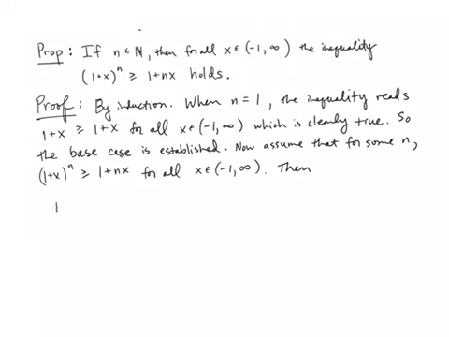Then (1 plus x) to the n plus 1 is (1 plus x) to the n times (1 plus x). The P of n inequality says that (1 plus x) to the n is bigger than or equal to 1 plus nx. So this is going to be bigger than or equal to (1 plus nx) times (1 plus x).